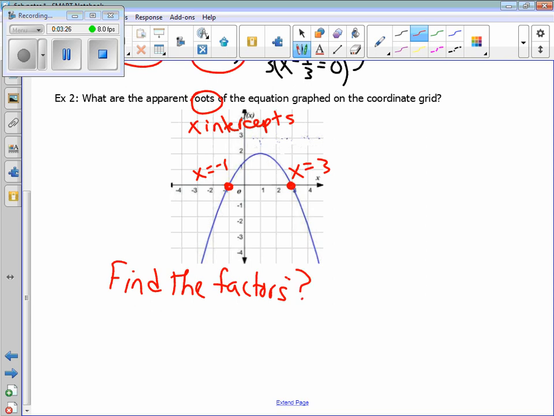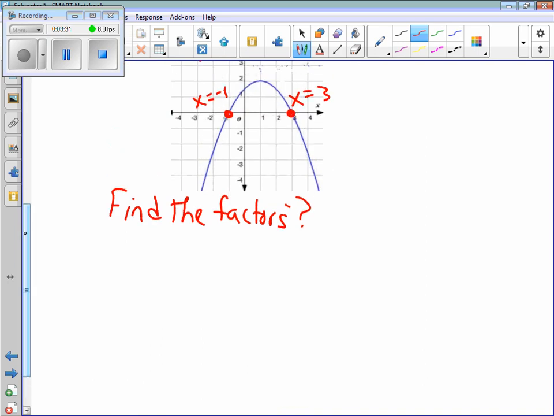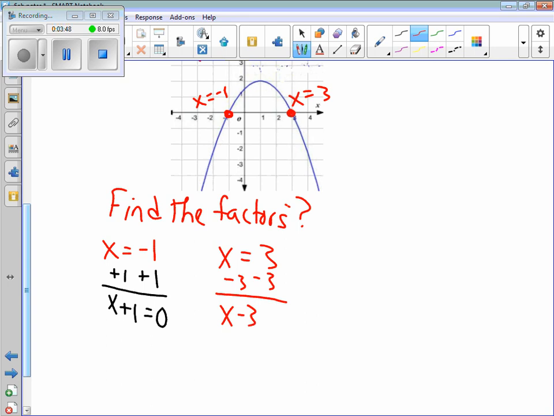So our factors for when x equals negative 1. Make it equal 0. Our factor is x plus 1. Our x-intercepts at 3. Our factor is x minus 3. So those are our factors.